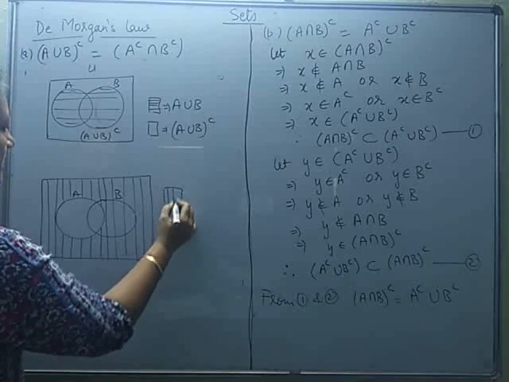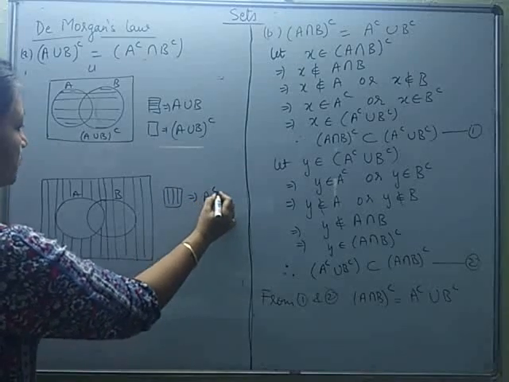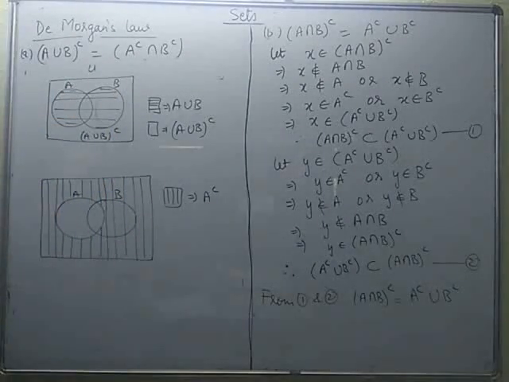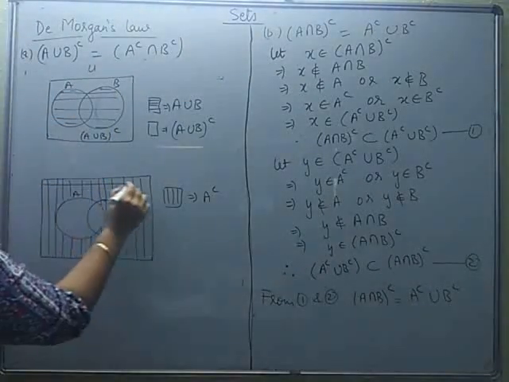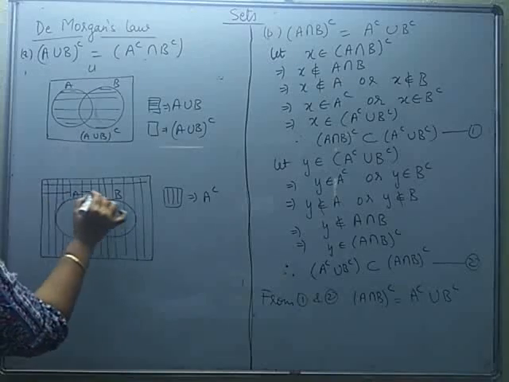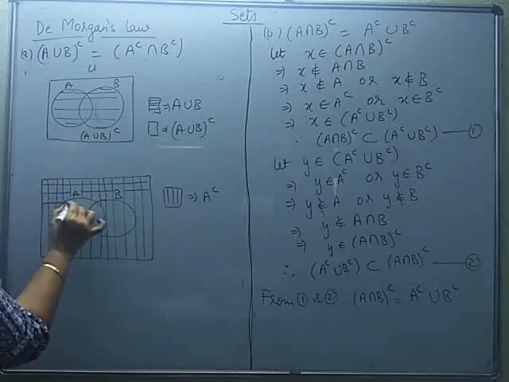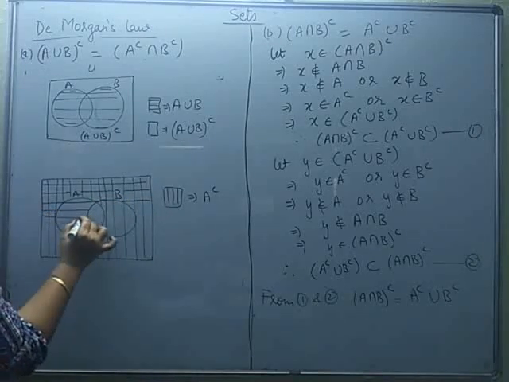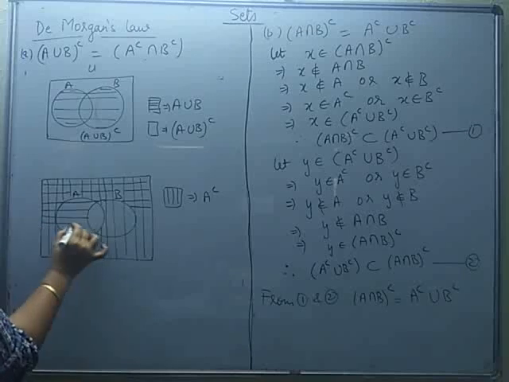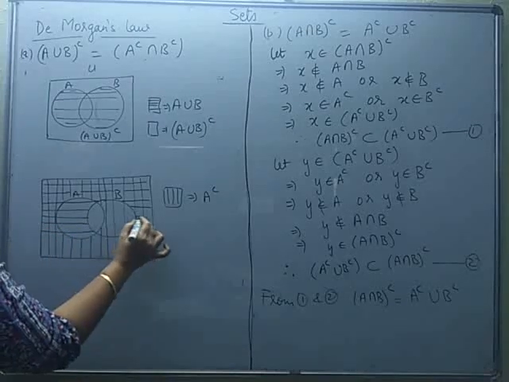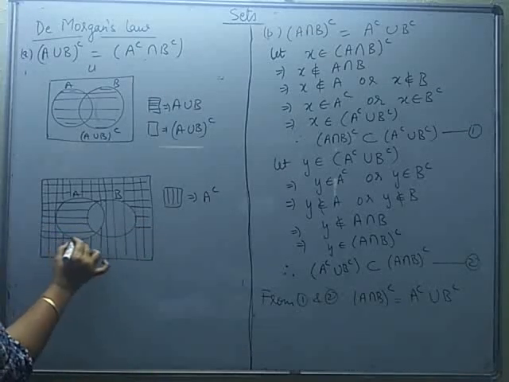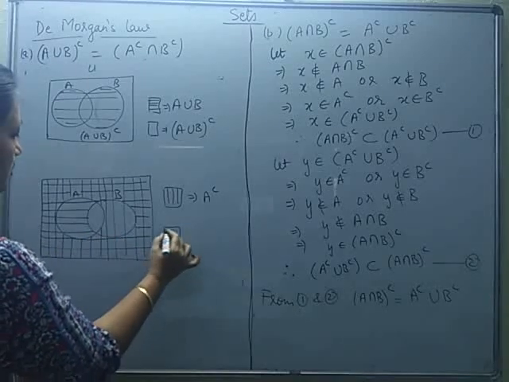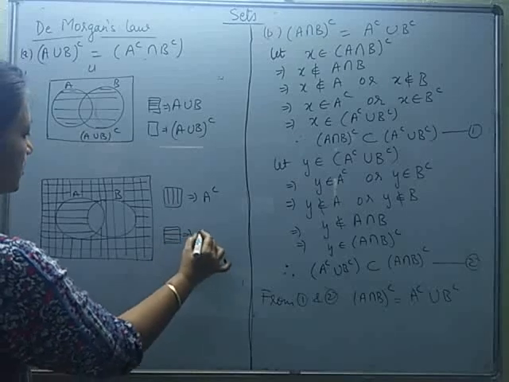So these vertical lines are denoting complement of A. I need B complement also. Then we will see what is their intersection. Let me take horizontal lines for B complement. While doing B complement, I will not shade B because it is outside B. Okay, so B complement is also done. The horizontal lines are denoting B complement.